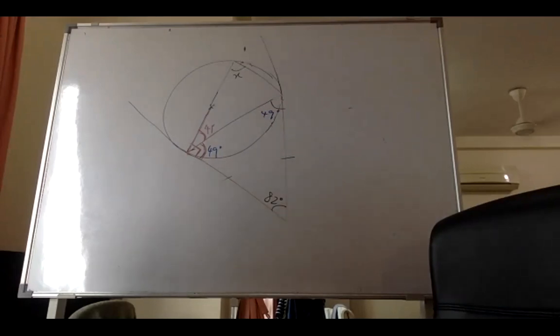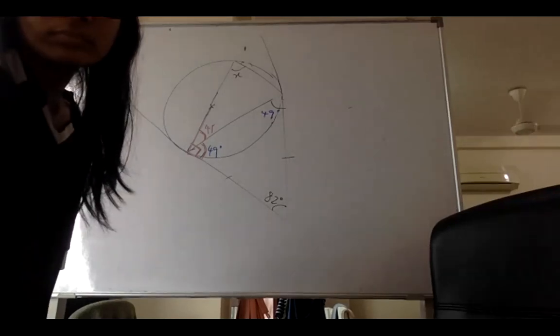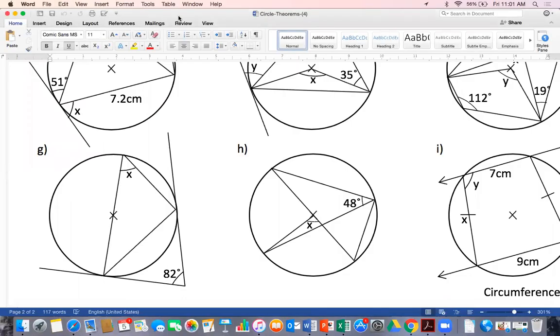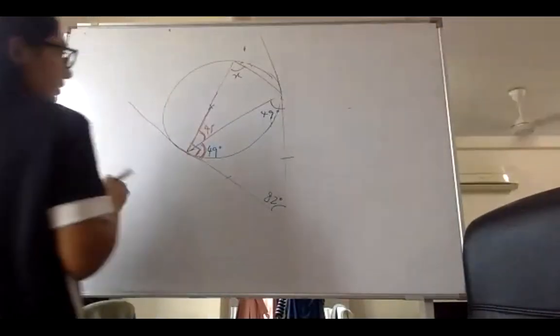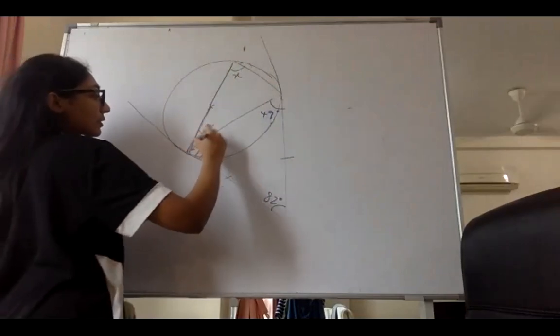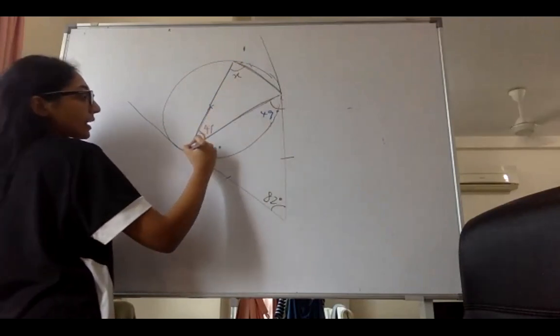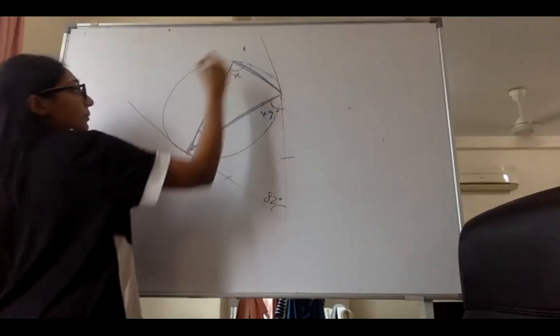What else can we see? Let me go back to the question. Oh yeah, so we see that this triangle here is going through the center and one of it is touching the circumference. So what does that mean?